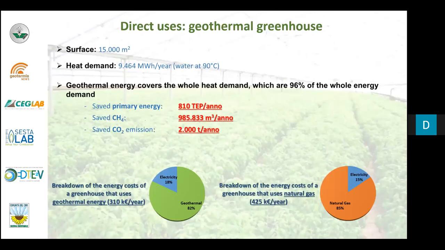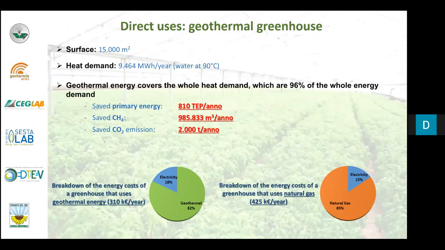Again, we have another example, a greenhouse. For example, a medium small greenhouse of 15,000 square meters.